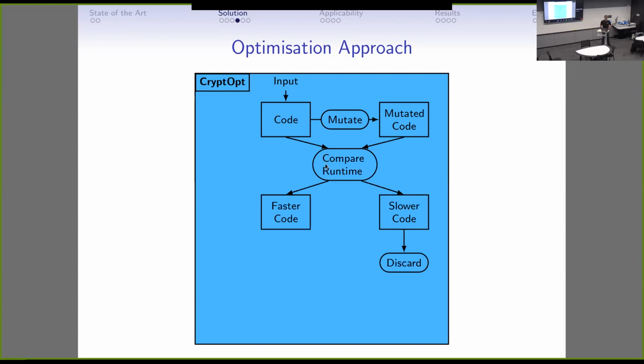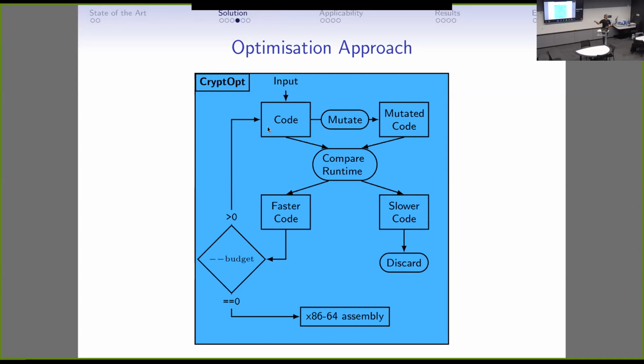We simply discard the slower code and continue with the faster code. We reduce the predefined budget a little bit, by one actually. And if we still have some budget left, we continue with that faster code in our next iteration, and iteratively continue doing that until the budget is used up, and out comes a fast x86 assembly.